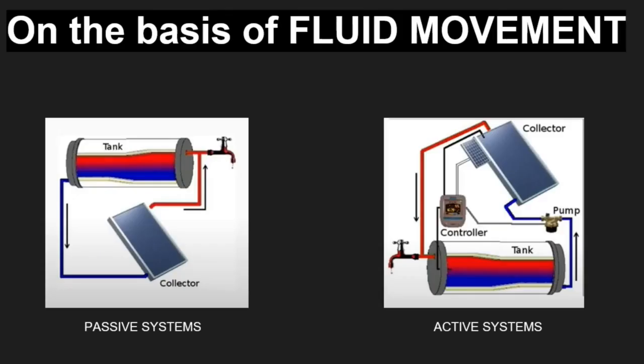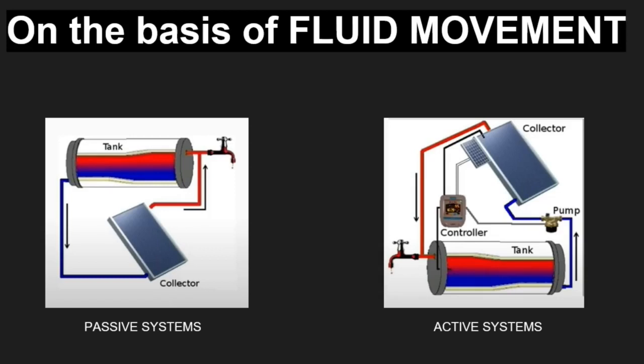On the basis of fluid movement, the systems can be classified into passive systems and active systems. Talking about the passive system, the collector is located at a level below the storage tank. Hot water will automatically rise up and the cool water will automatically descend, so the movement of the fluid happens without any mechanical support or pumps.